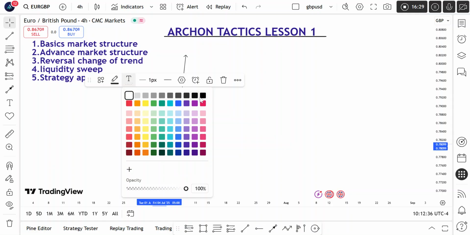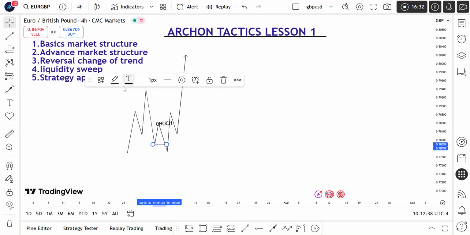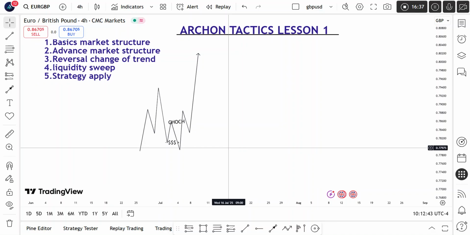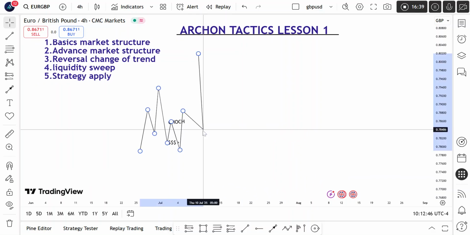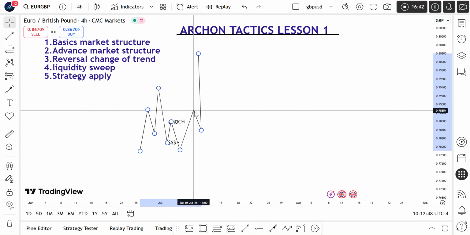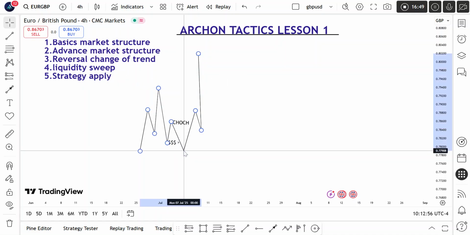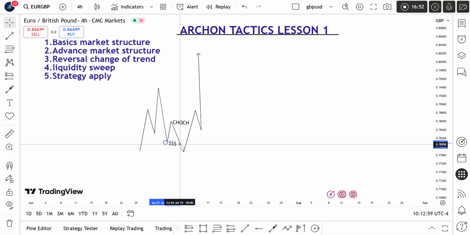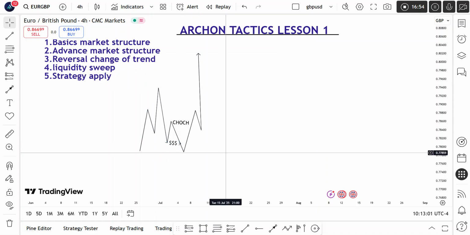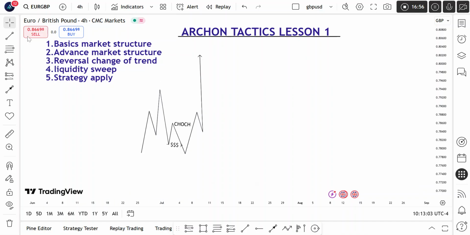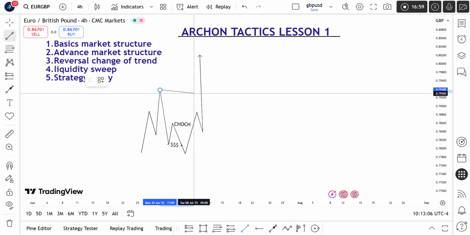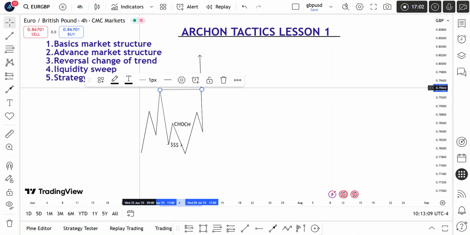Let me take this side a little bit to make it very clear to see. This is it. We have a sweep and then here we have a break. We have a BOS there.